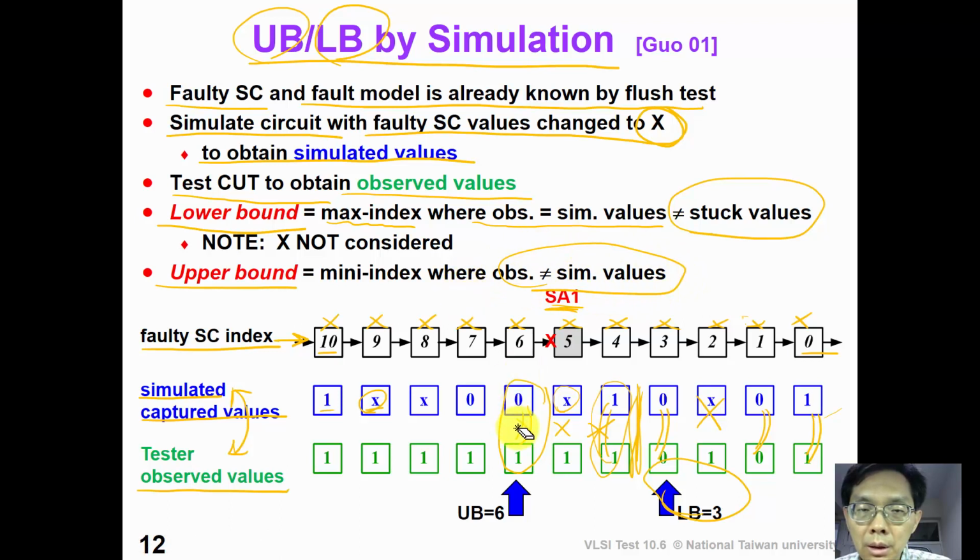This is the upper bound of the fault because the fault must have occurred downstream to scan cell number 6. So now we identify that 6 is the upper bound and 3 is the lower bound of the fault. The actual scan chain fault must be between 3 and 6 in this scan chain.